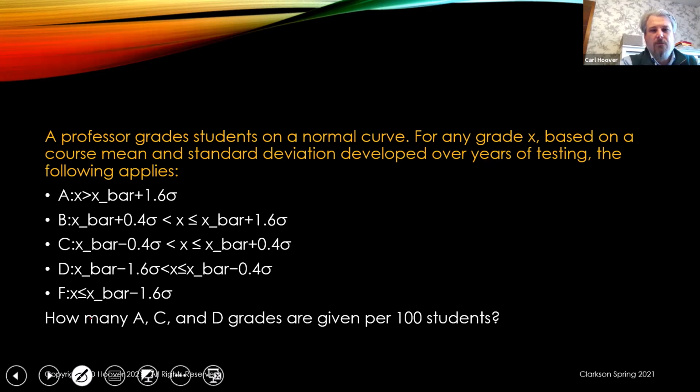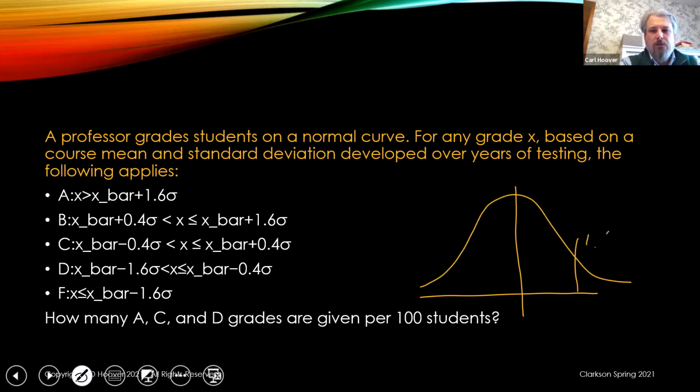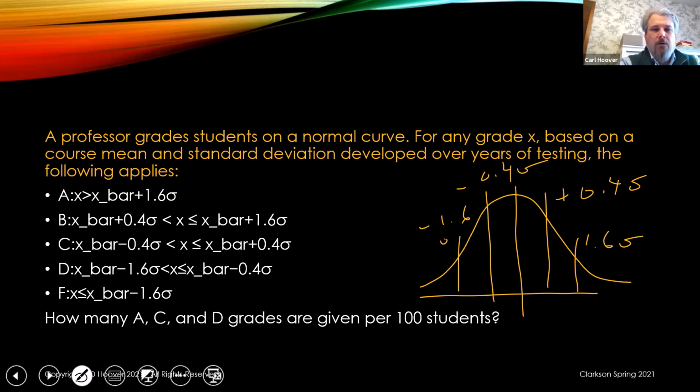Fix this, sorry for a sec. 1.6 sigma, plus 0.4 sigma, minus 0.4 sigma, minus 1.6 sigma.